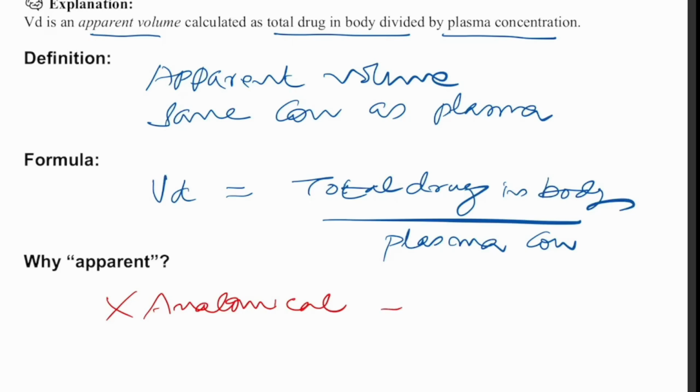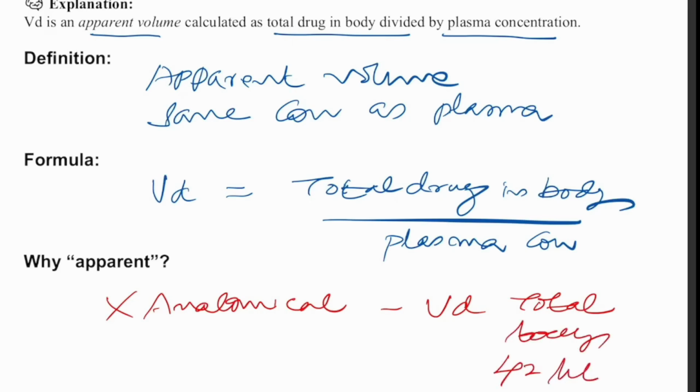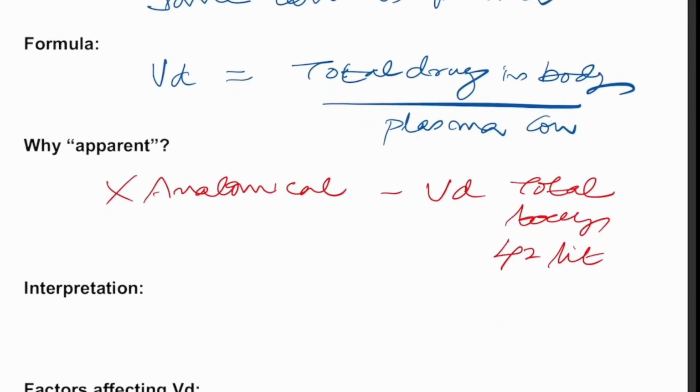So Vd can exceed total body water, which is approximately 42 liters. So this is another point to remember: this is not the true anatomical volume, it is an apparent volume. It reflects the extent of drug distribution into tissues, so sometimes it can exceed 42 liters.